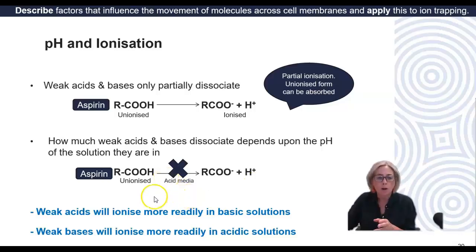Because if you're in the acidic media, you already have hydrogen ions, so that acidic media is kind of saturated with hydrogen ions. And that saturation then is going to prevent this dissociation or this ionization.